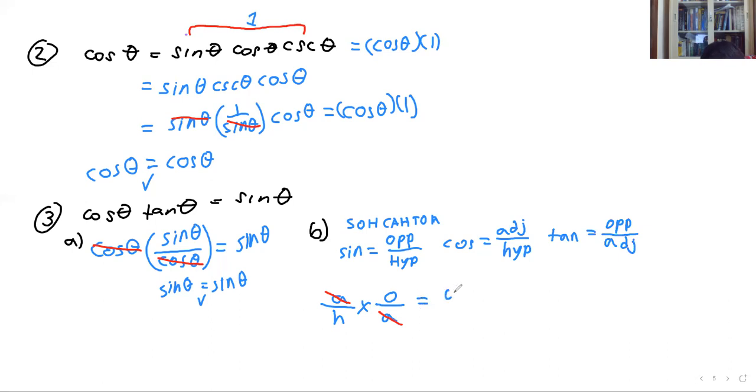That equals opposite over hypotenuse. Hey, look at that, that's sine, so this is sine theta. That's pretty easy. Your two solutions are very clever.